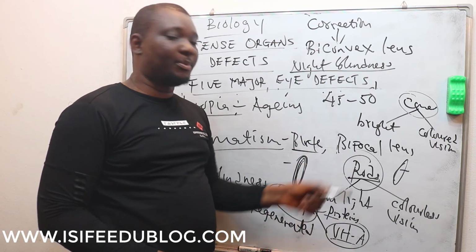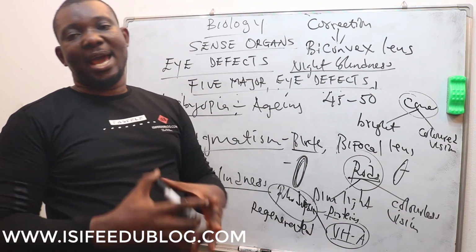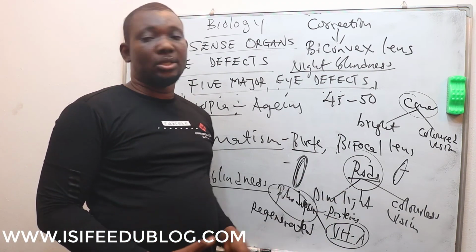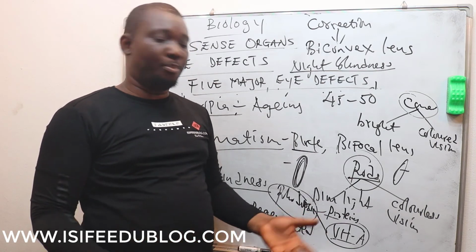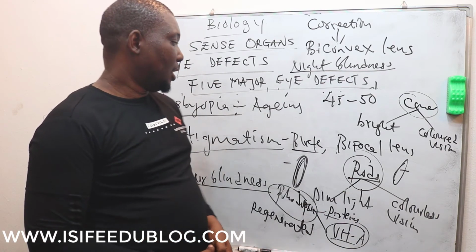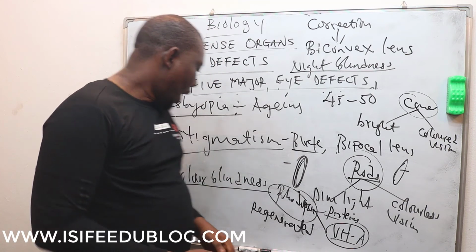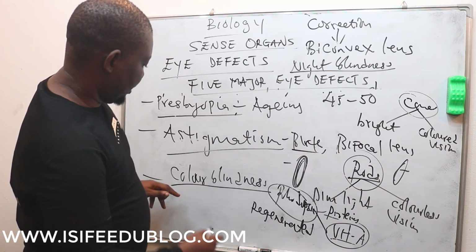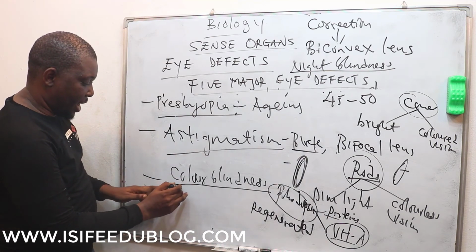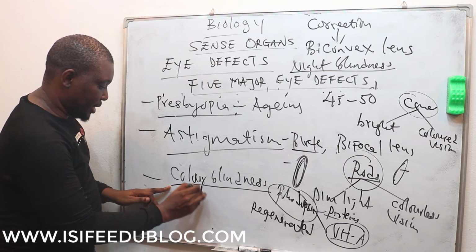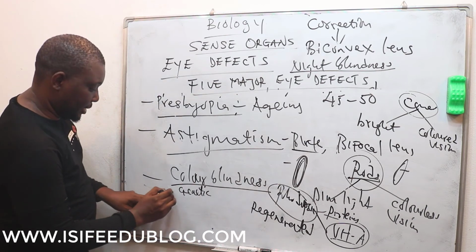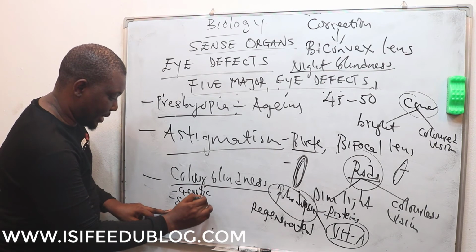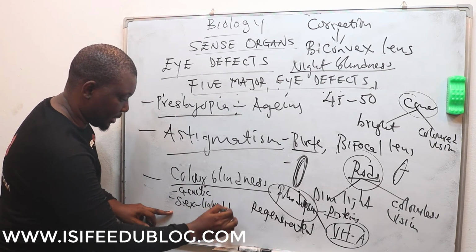The rods help one to see when the light is not bright. You see with the rods, but the rod does not allow one to see shape or colored vision. And so color blindness is genetic. This part of eye defects is genetic, and it is also a sex-linked trait.